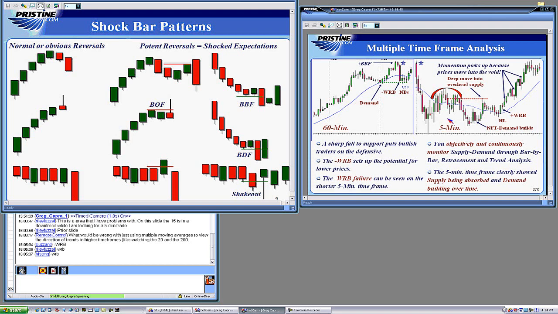But drilling down into the smaller time frame, we can get insights as to what's going on, because we are looking for patterns. The patterns communicate to us what's happening. This retracement up, moving up into that congestion, looking at the angles that this corrected at, the attempt to move down and the wide range bar up.